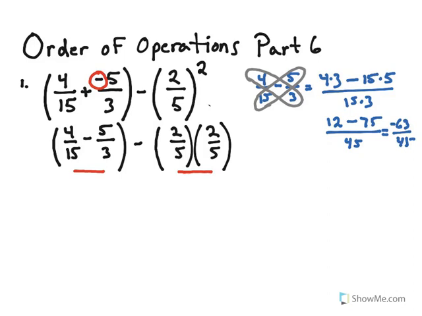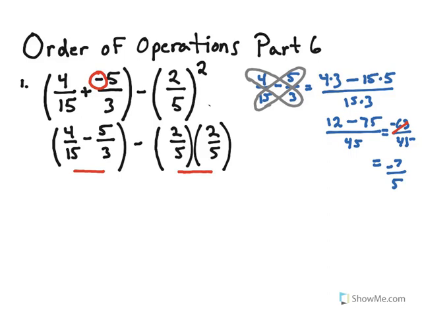Okay? And if we divide both of these numbers by 9, we can actually get a reduced fraction here. So 63 divided by 9 is going to be -7. Don't forget the negative. Okay? And if we take 45 and divide that by 9, we actually get 5.